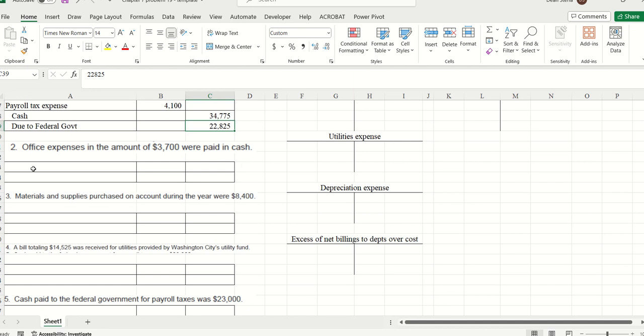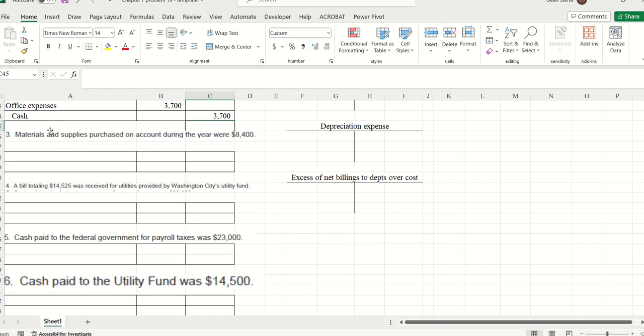Okay, so office expenses, $3,700 were paid in cash. Okay, and this one's an easy one because they tell us 3,700, right? Materials and supplies purchased on account during the year were 8,400.